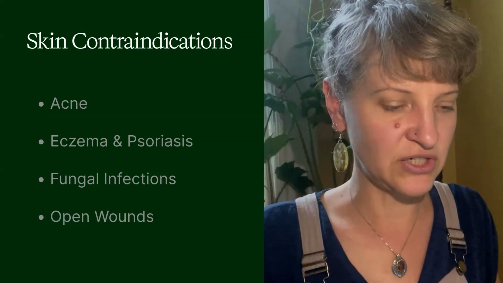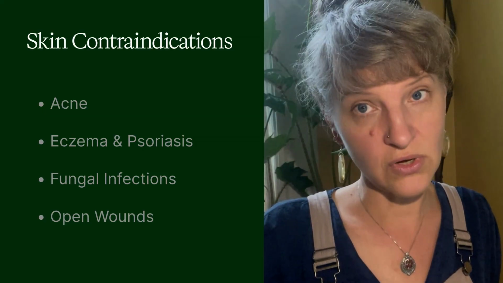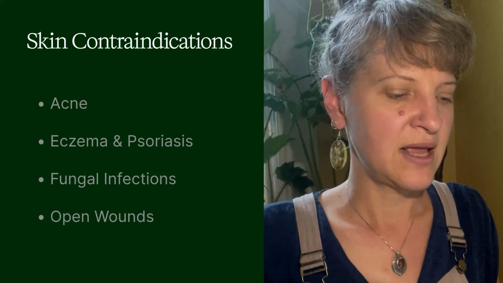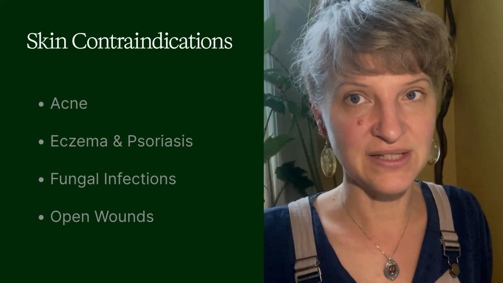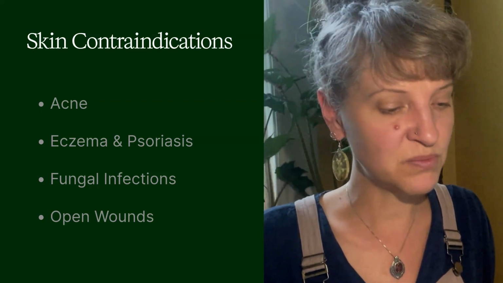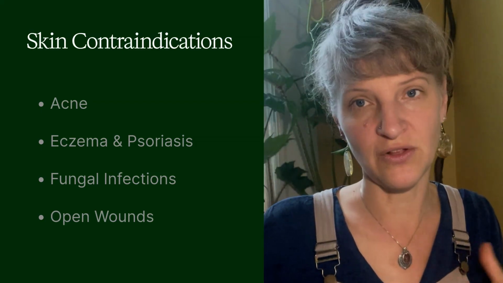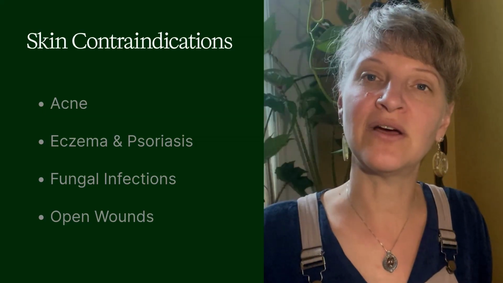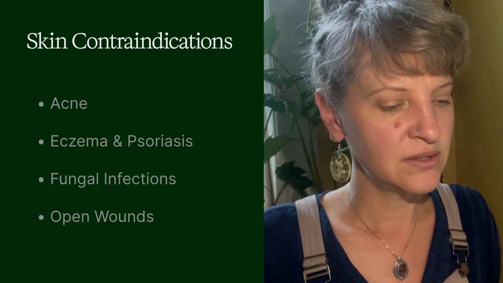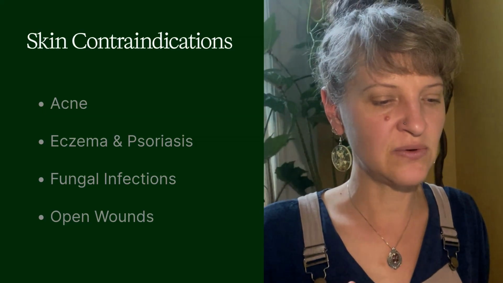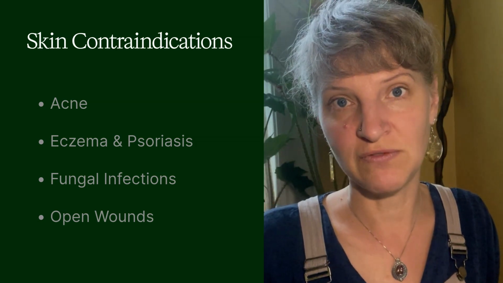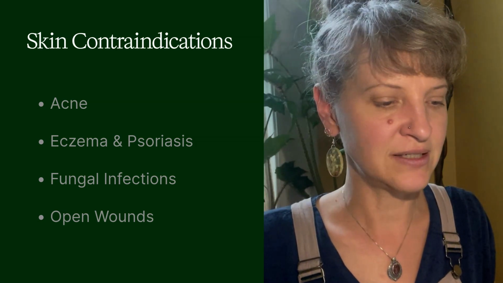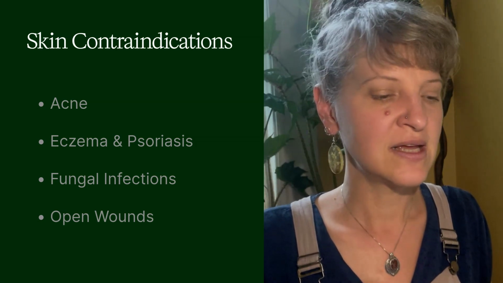So fungal infections are a local contraindication for sure, and that's because fungus is contagious and can be spread around. We just don't want to spread it all over their bodies, and we don't want to spread it on ourselves. So avoid that, and I'm going to tell you how to identify the difference between a fungal infection and dermatitis or psoriasis.